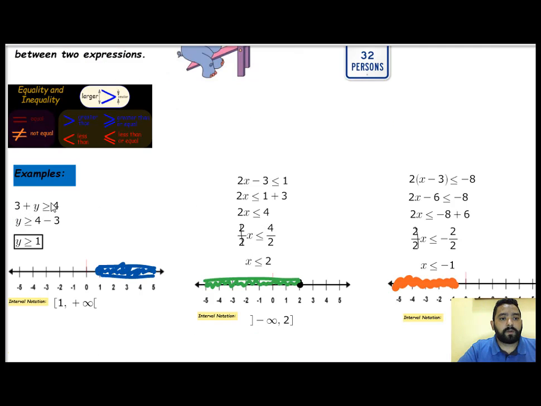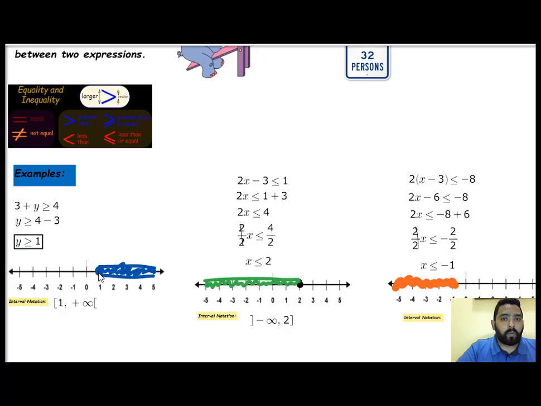We have 3 plus y greater than 4. Remember, variables with variables, constants with constants. This is positive 3, we change it to negative 3. 4 minus 3 is going to be 1. So y greater than or equal to 1. This says that any value greater than 1 or equal to 1 we can take as a solution.